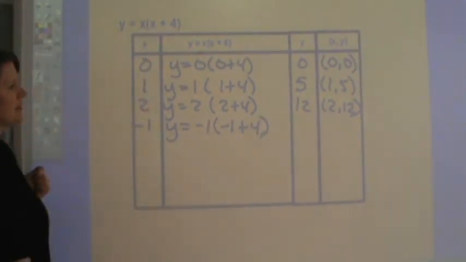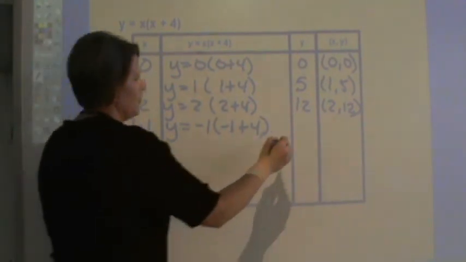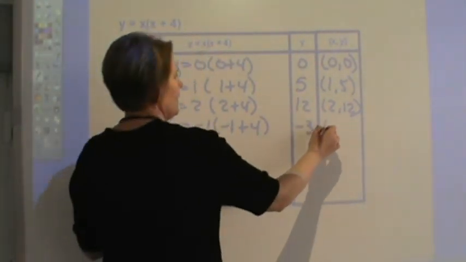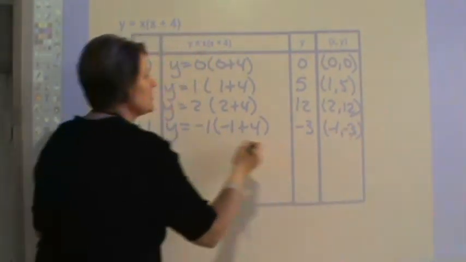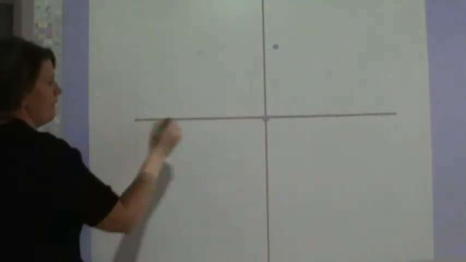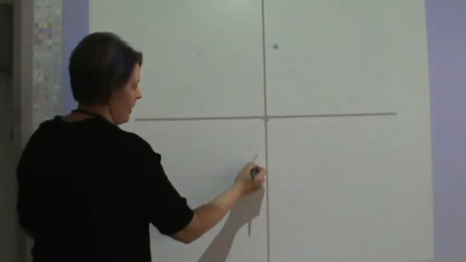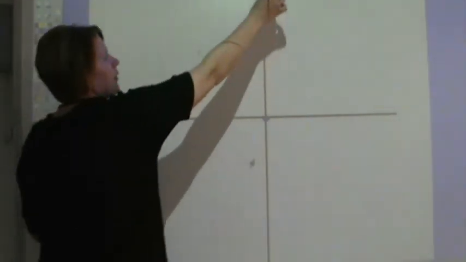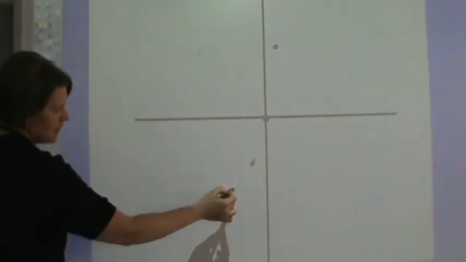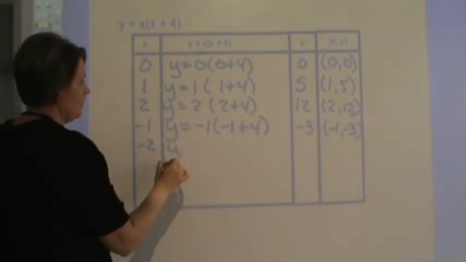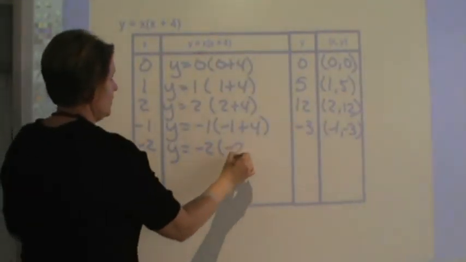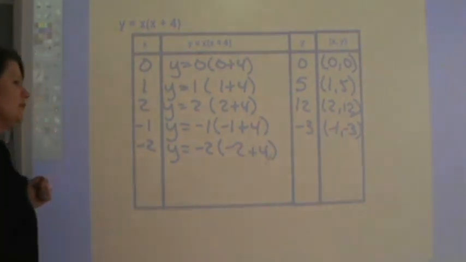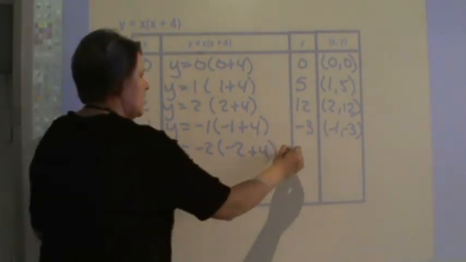So 4 plus -1 is 3. 3 times -1 is -3. So -1, -3. All right, so now we can see our parabola is going down this way, because we knew that one went way off the graph, right? So it's coming down this way, so let's do -2 and see where it's gonna become our vertex. All right, -2 plus 4 is 2. 2 times -2 is -4.